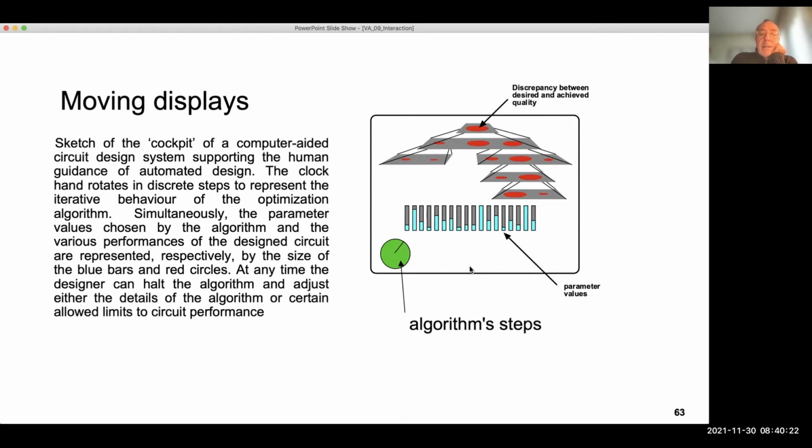The idea is that you can have a display with some information about the evolution of what you are observing, for instance, the algorithm. This is just evocative of looking for the discrepancy between what you want and what you obtained by your actual implementation. You have all the parameters in front of you. You should also have the name of the parameter and the value, but this is just evocative.